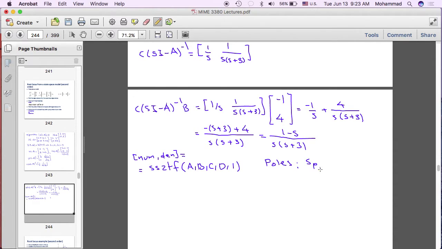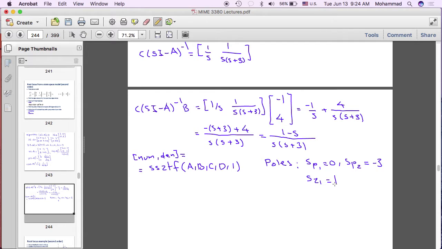S pole 1 is 0, and S pole 2 is -3, which are identical to the two eigenvalues of matrix A. Now, what is also interesting is the zero. So we have a zero that is located at +1. So s equals 1 will make the numerator of this transfer function go to 0.